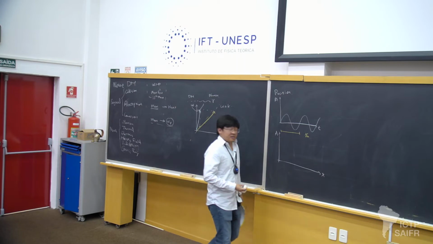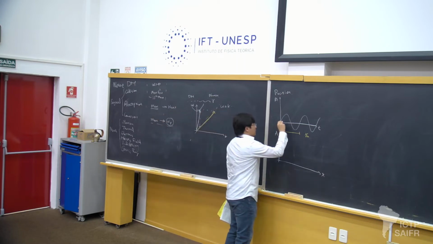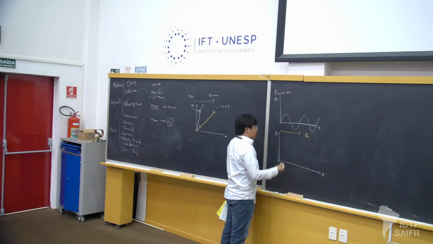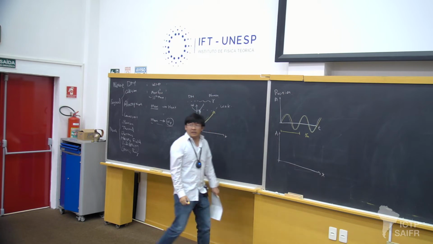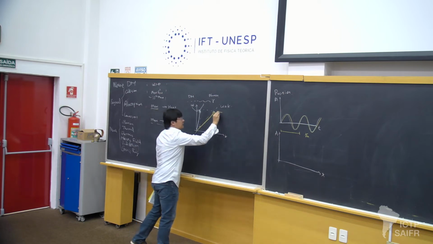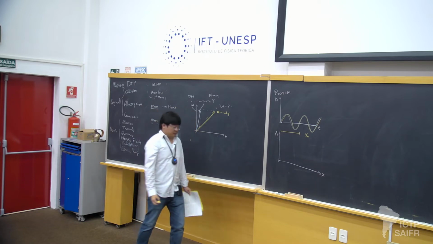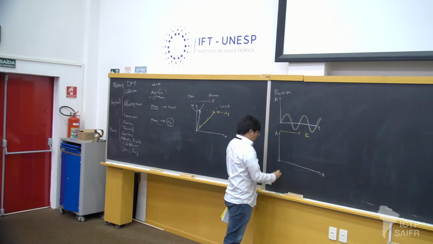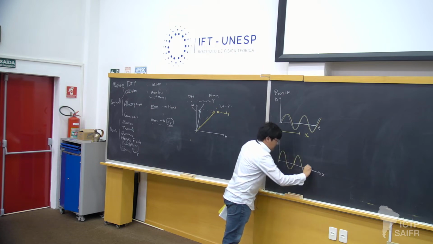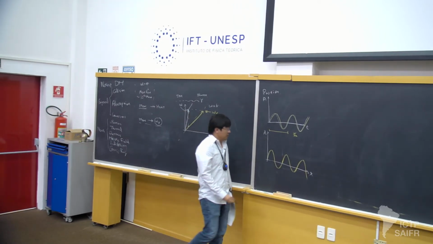This is my dark matter oscillation in time. The photon is doing the same thing. Let's say a photon of this frequency, right? So my photon is doing exactly the same thing at the same frequency, omega gamma. What about in position space? As a function of x, my photon is a wave, exactly the same, right?